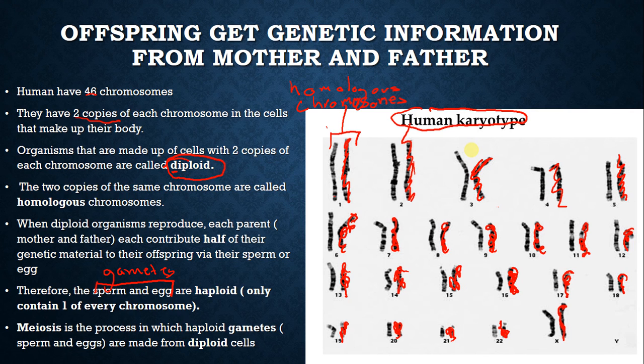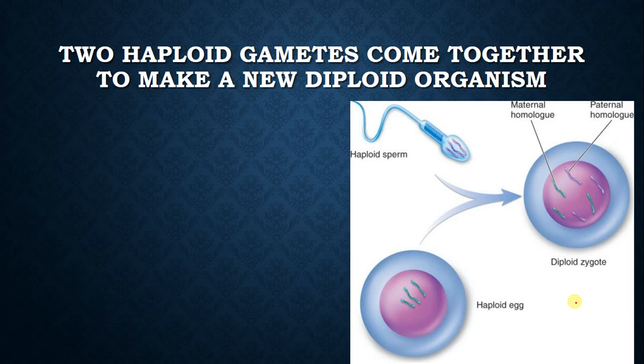So meiosis is the process in which we can get a haploid gamete from a diploid cell. So we take a diploid cell and we basically make a gamete that has half the total number of chromosomes. So 2 haploid gametes come together to make a new diploid organism.